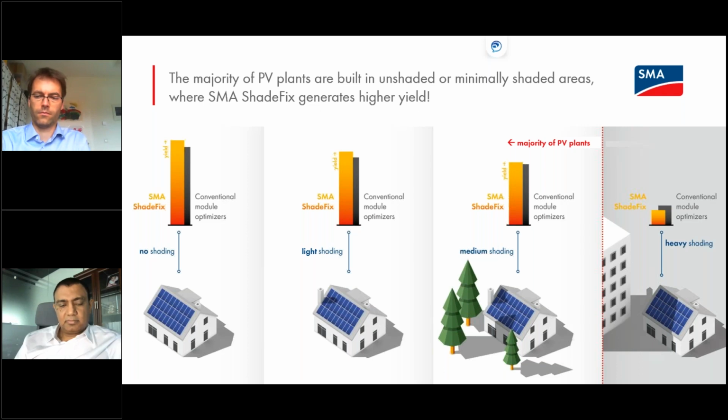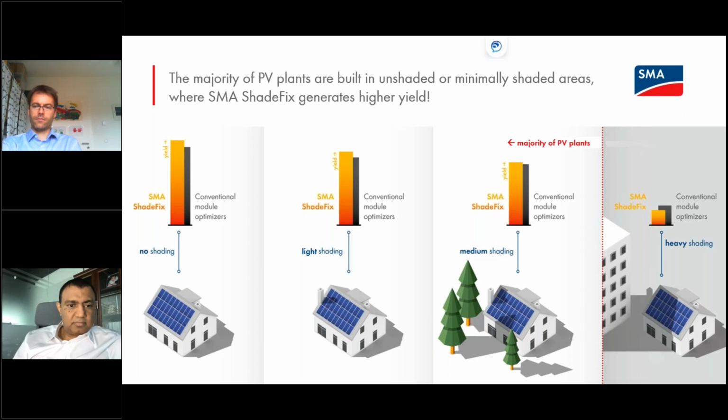If there's no shading at all, the integrated inbuilt SMA ShadeFix solution will have better yield than conventional module optimizers. The same goes for light shading, and also for medium shading, as you can see on the picture.